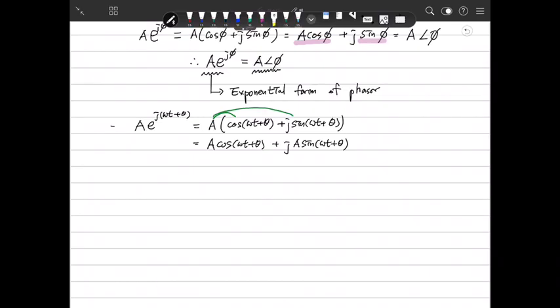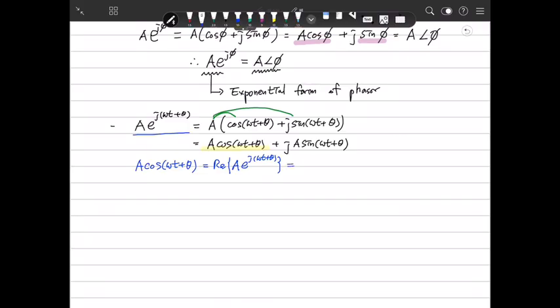What is this term? A cosine omega t plus theta is the real term of that. So there is a real component of a exponential j omega t plus theta here.